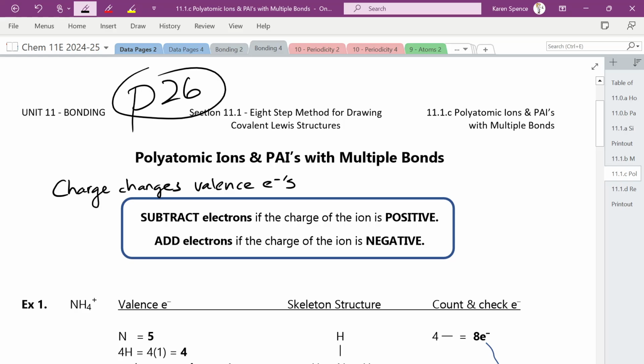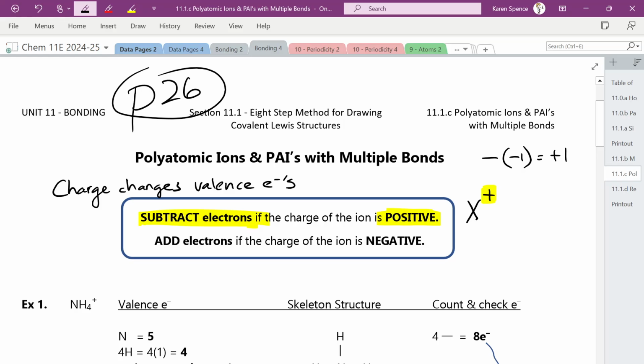So if you have a positive charge, you're going to subtract electrons. What do you get if you subtract -1? You get +1.